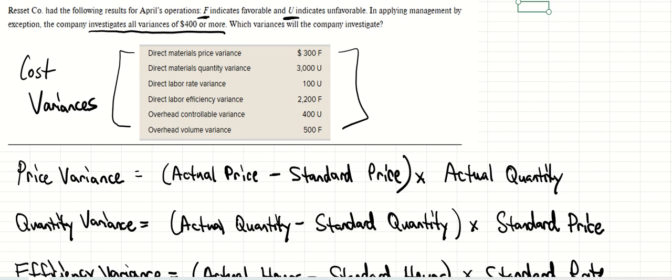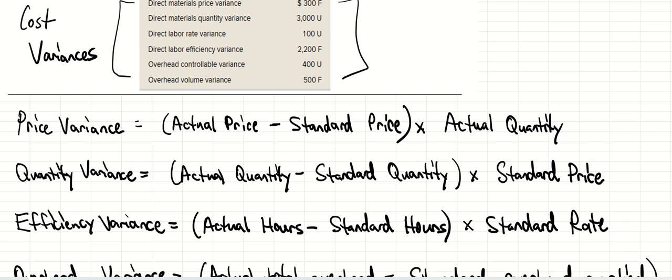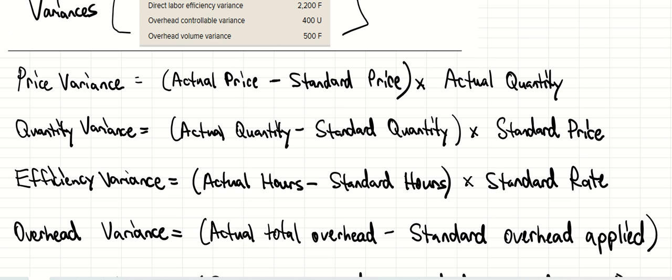the variances that I have listed here and the formulas that are associated with these variances as far as how to calculate them. So we have the price variance. The price variance is just going to focus on the price. And again, these are all cost variances.